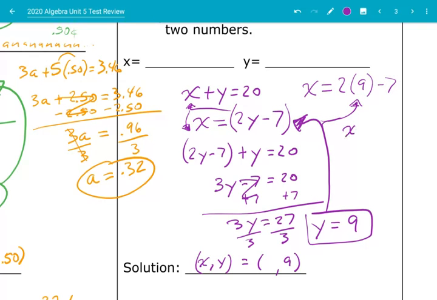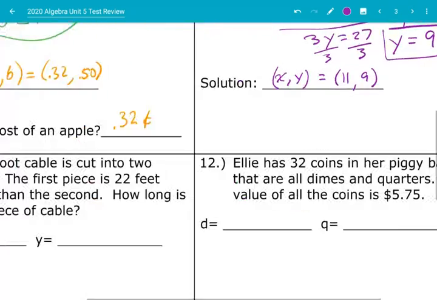So x equals 18 minus 7. So x equals 11. Here we go. Okie dokie.